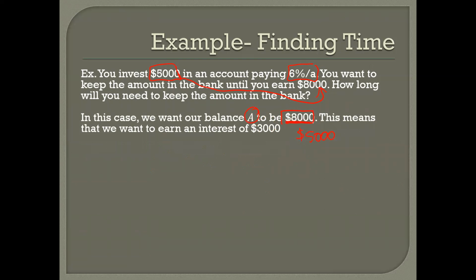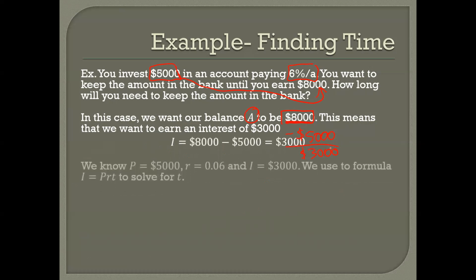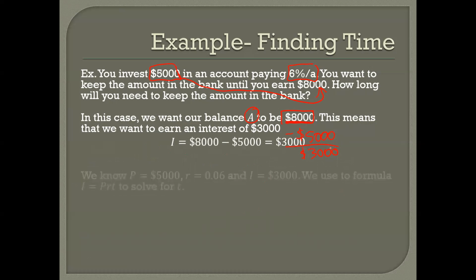All I'm doing is subtracting these two amounts, and this tells me how much interest I want to earn. So I want to earn a total of $3,000, because if I have $5,000 now and I want $8,000, you subtract the amounts and you get $3,000.